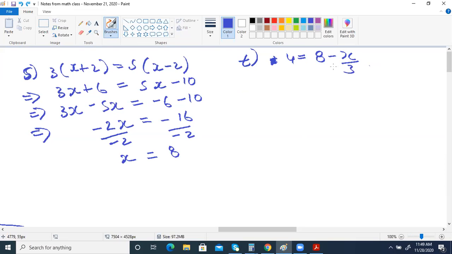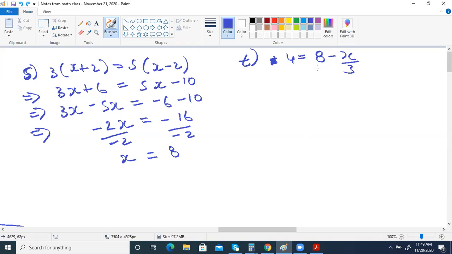So what are we doing? What's the aim? Why do we do that? We're trying to simplify, so if we can get rid of the fraction.